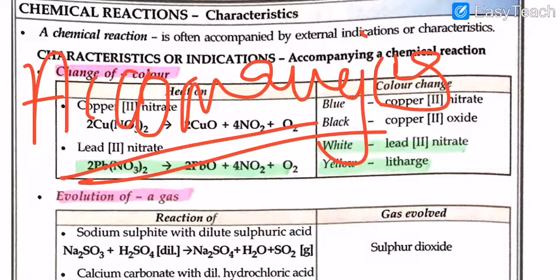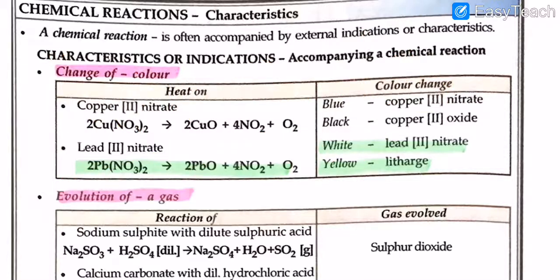And there are 4 to 5, to be exact, 4 indications that the substances give to us, saying that yes, we have combined together or we have displaced together and we have gone under a chemical reaction. So the first one, the first most simple indication is the change of color.